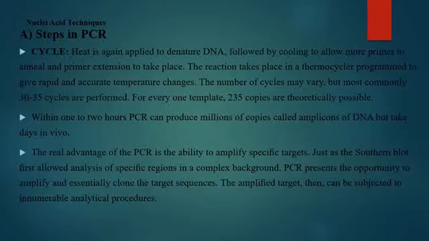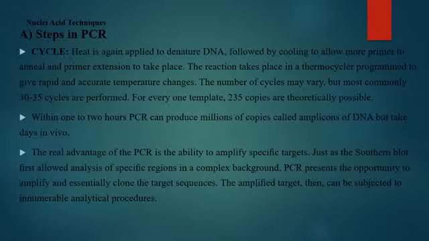Now we come to the cycle. When we talk about the cycle, we are talking about the heating conditions that are available for this whole process to take place. Now, like I said, the major step during the whole process of the PCR is the heating cycle. We're talking about some 95 degrees Celsius, 40-70, talking about 72.